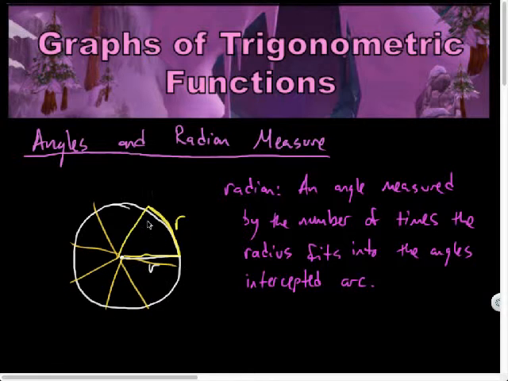My circle's not perfect here, but how many times could the radius, how many radiuses, if I want to say it that way, would it take to wrap around a circle?